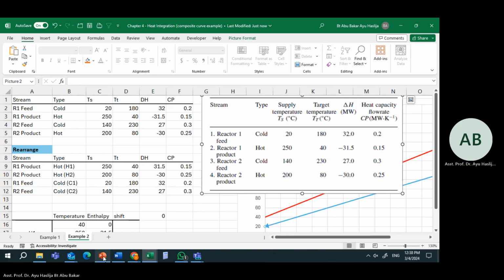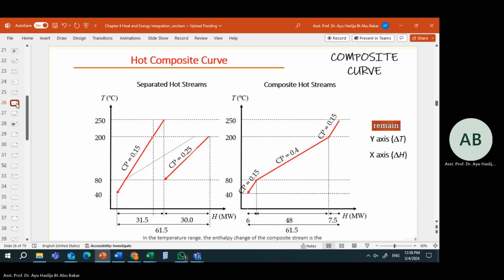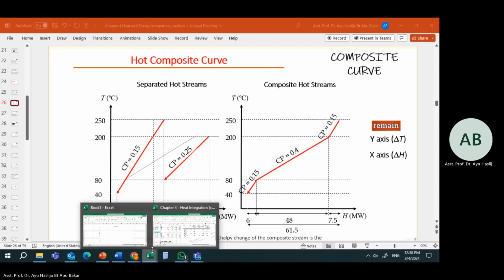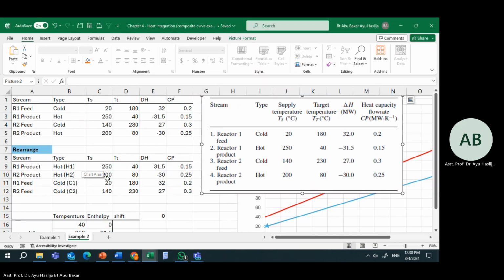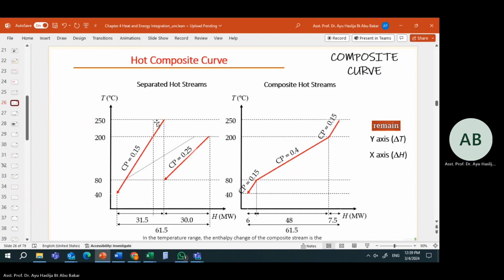Here the slide shows you the hot streams, CP 0.15. This one is H1, hot 1, hot 2.